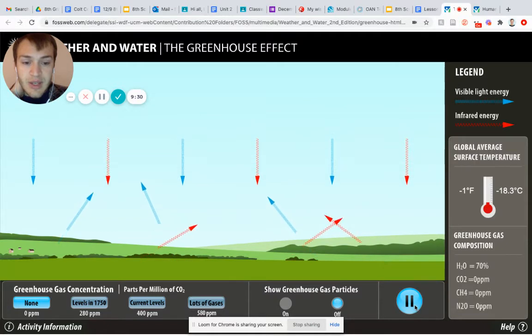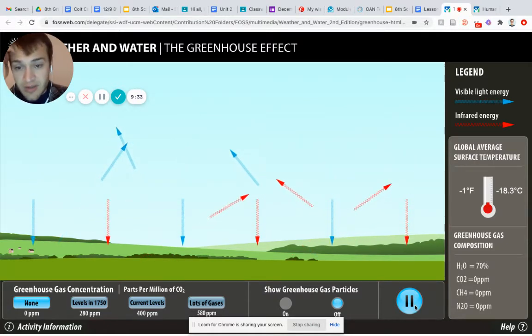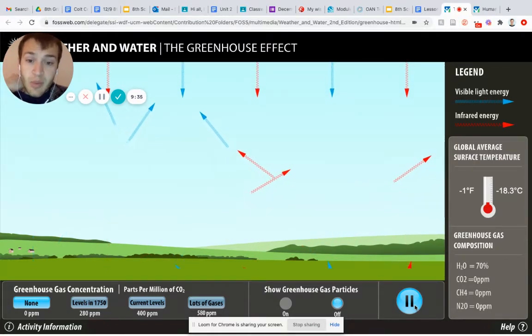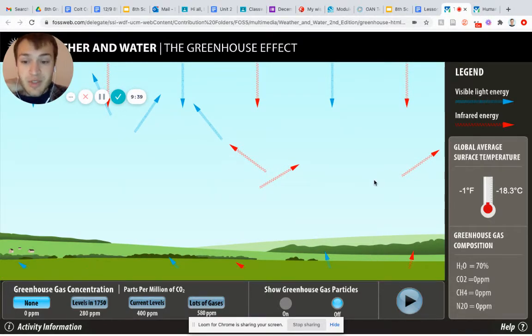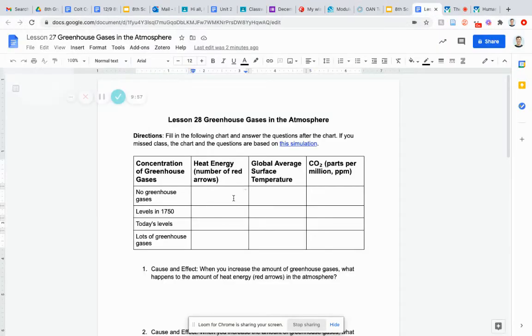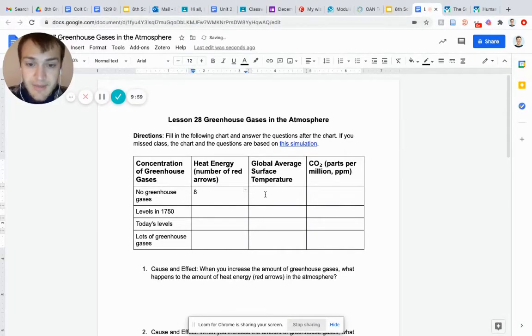So let's go ahead and do this together for the first one. I'm going to pause the simulation, rather. Now we're going to count how many infrared energy arrows, how many red arrows we see. It looks like we've got 1, 2, 3, 4, 5, 6, 7, 8. So we have 8 red arrows for no greenhouse gases.